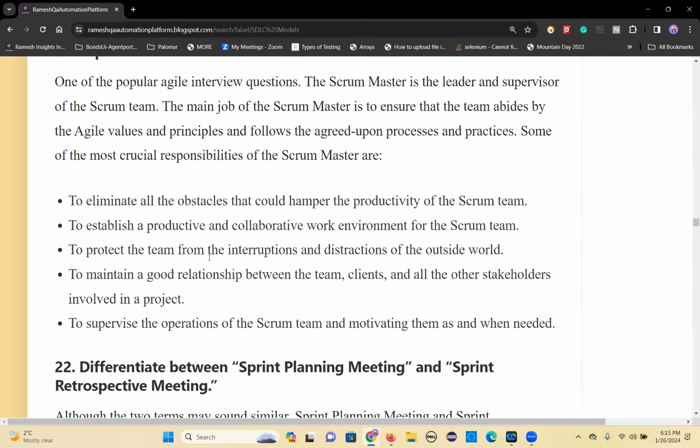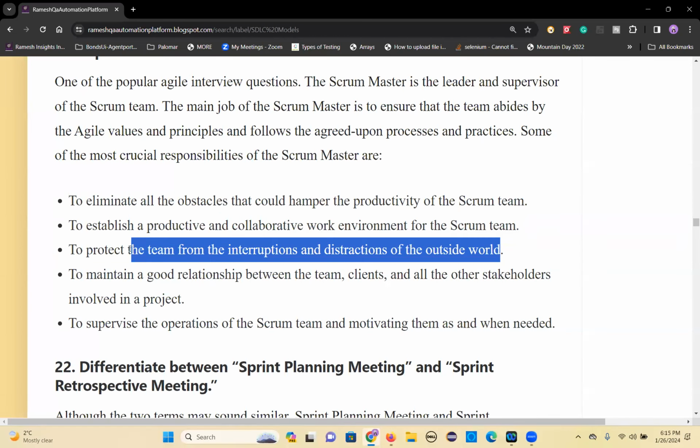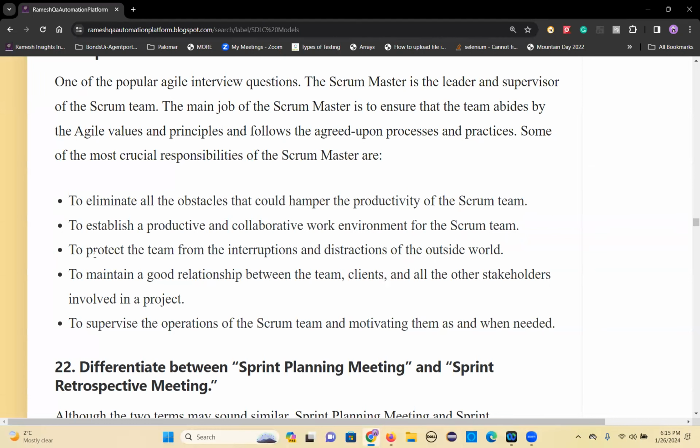To protect the team from the interruptions and distractions of the outside world. He will keep watching, and make sure you are following the process and are on the right track.